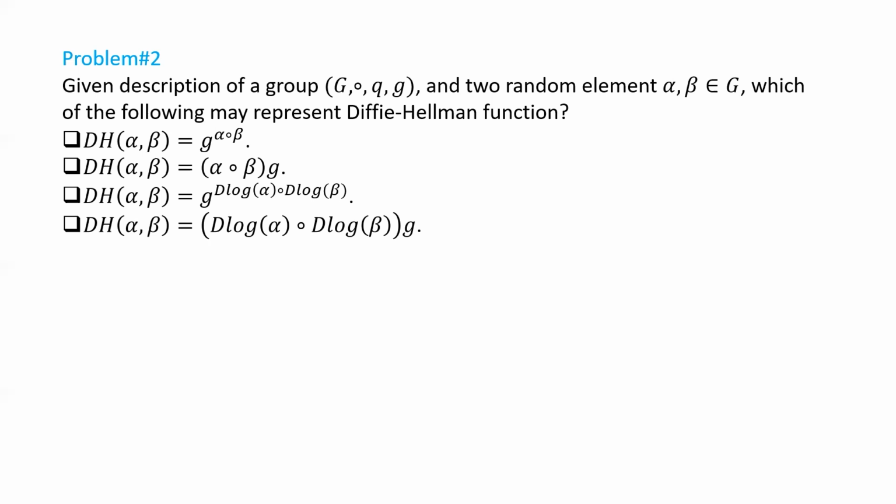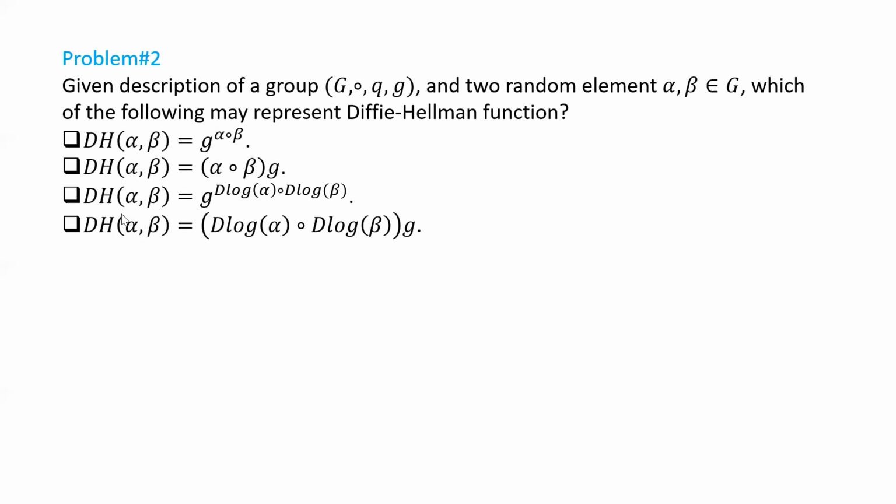So in case of a multiplicative group, we denote that as g to the power i. In case of an additive group, we will denote that as i dot g, so basically i into g. That is kind of adding g with itself i times, or applying the additive operator i minus 1 times on g itself. So that notation is i into g, or in case of a multiplicative group, it is g to the power i. This is just a notational thing, nothing else. Now, following that convention, the Diffie-Hellman function: provided alpha, beta, alpha can be represented as some g to the power a, right?